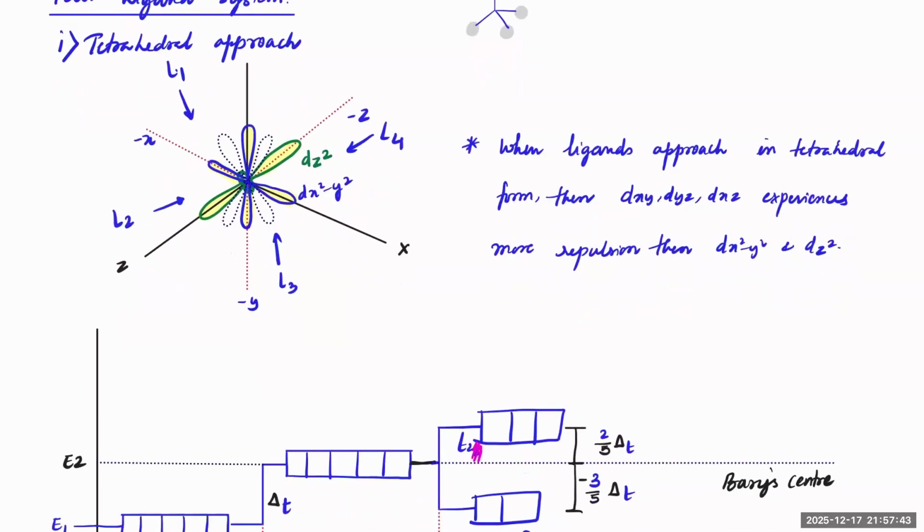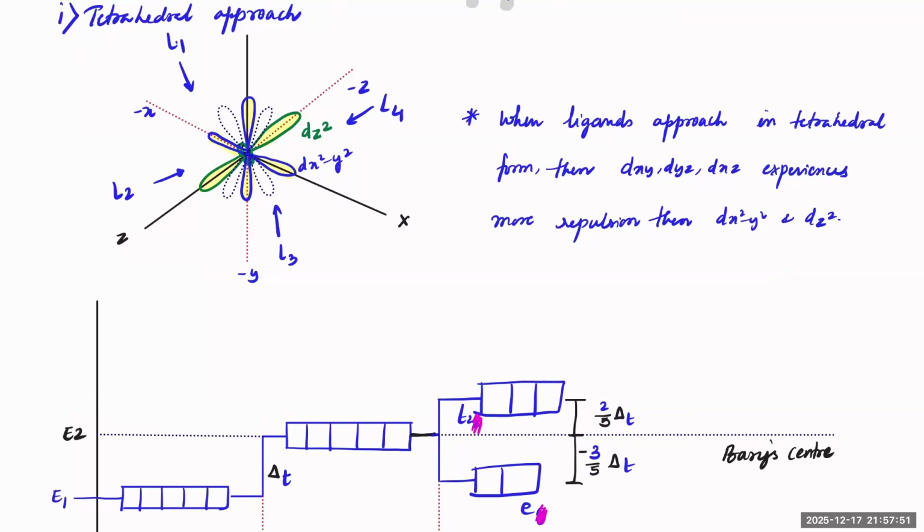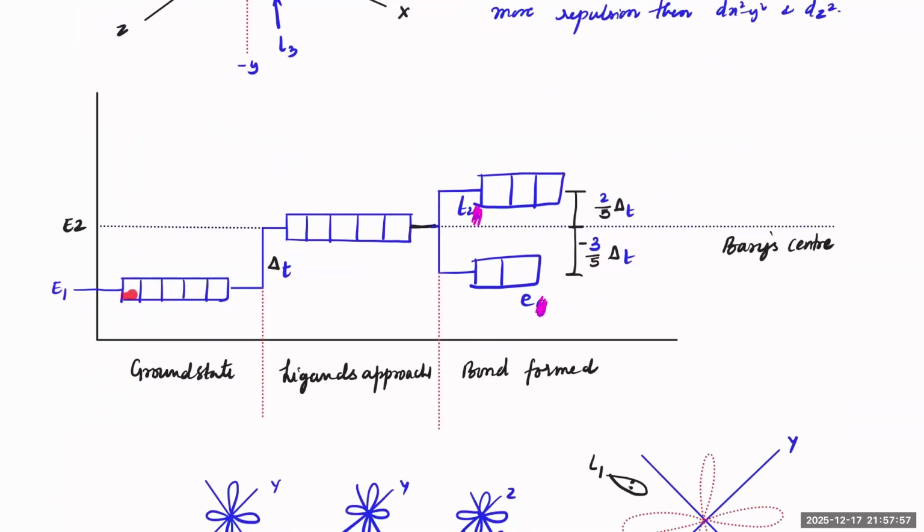In that case, the repulsion will be more experienced by the T2G set, which we have earlier seen, as compared to the EG set. So initially energy will be less, and as the ligands approach, energy will increase. Thereafter, splitting will happen.